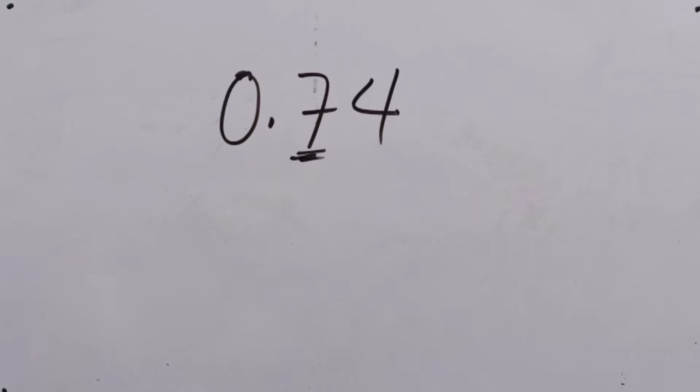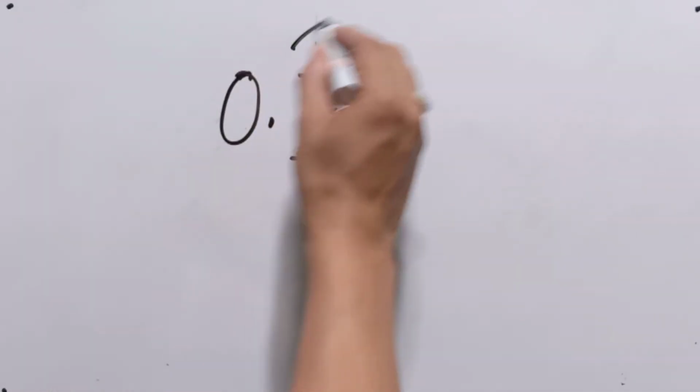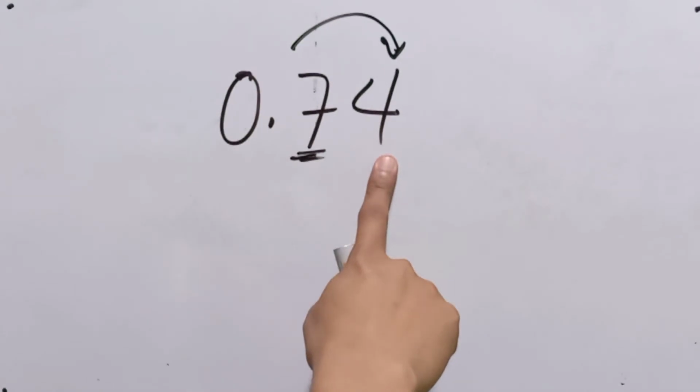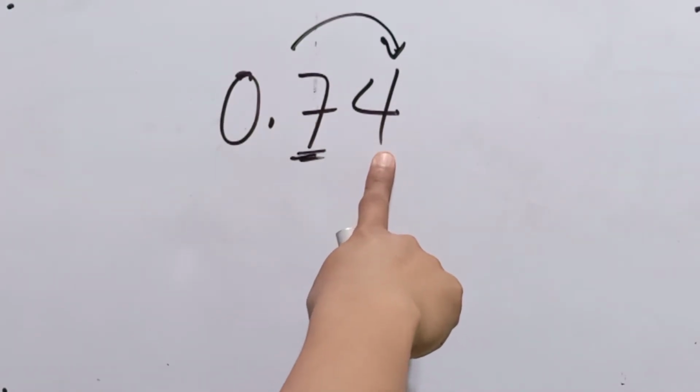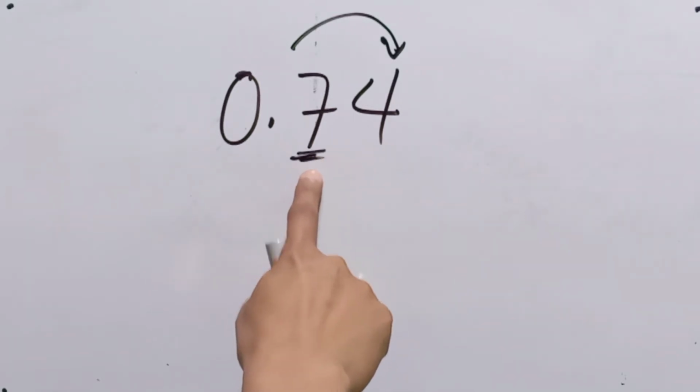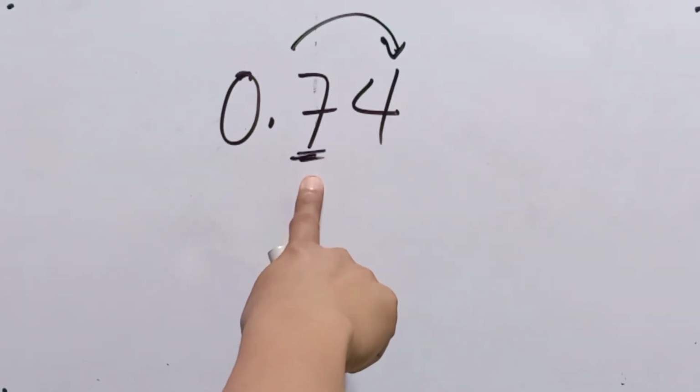It's either will remain 7, same with whole numbers. It's either you remain 7 or you add 1 to 7. So how will you know if you add 1 to 7 or remain the 7? Yes, look at the digit to its right, which is 4. If you remember, if the right digit is 4, 3, 2, 1, or 0, we remain the digit that we are rounding off.